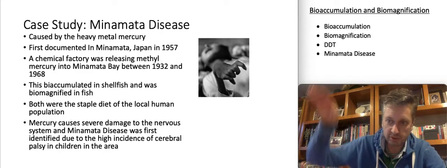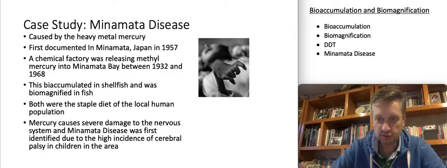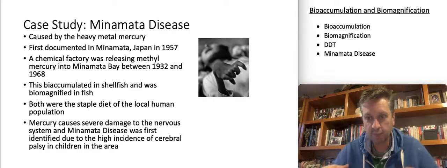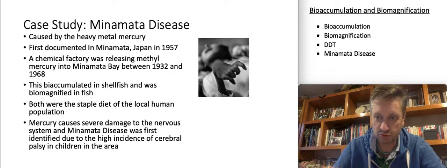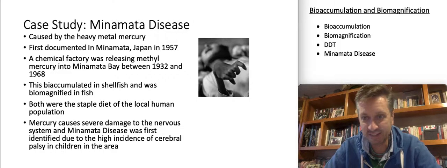And then it also biomagnified through the food chain into fish stocks. The fish and the shellfish were the staple diet of the people that lived in Minamata. And throughout the 1950s, this mysterious disease that gave people uncontrollable spasms, shakes, and led to paralysis as well, started to occur.